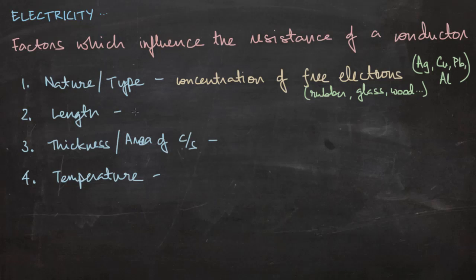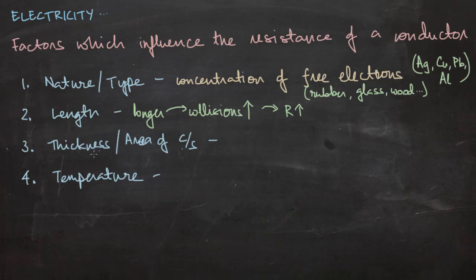Now, if I have a longer conductor, electrons that are moving about would face more number of collisions. Longer the conductor, more would be the collisions. The collisions that these free electrons would have would increase rapidly. Therefore, the longer or more the length, more would be the resistance. The resistance would thereby increase.